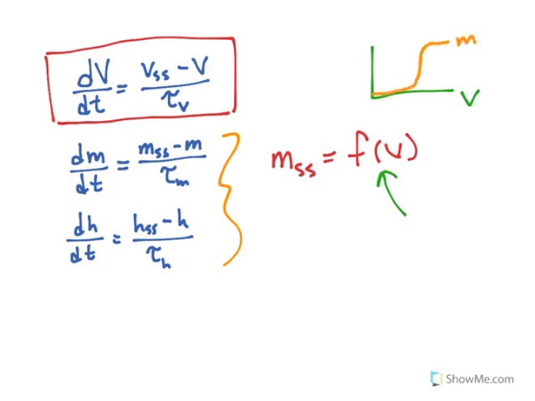So the point is that this is the maximal conductance, which is just a constant term, scaled by the proportion of open gates. So if all gates are open, that's the total conductance, and this is the proportion of open gates, or of open channels.